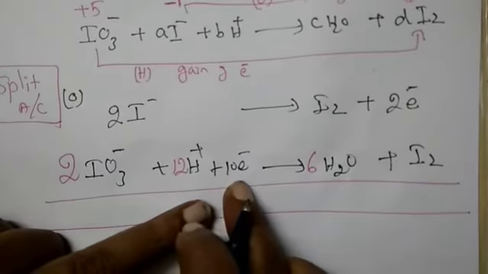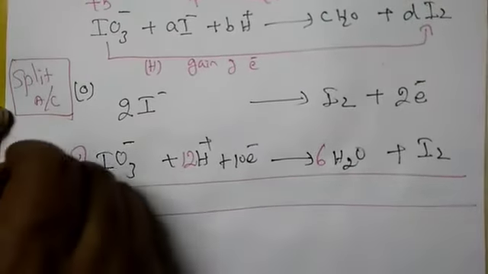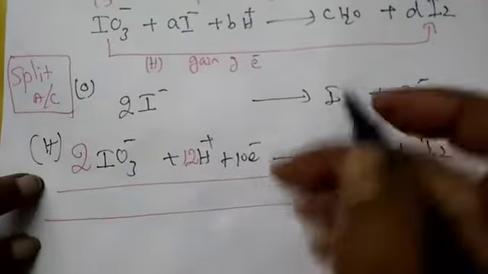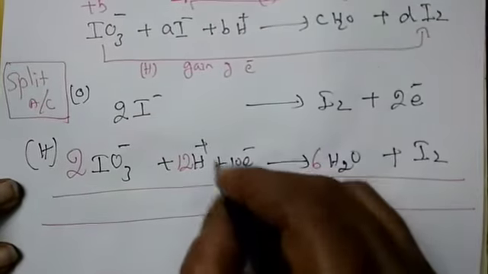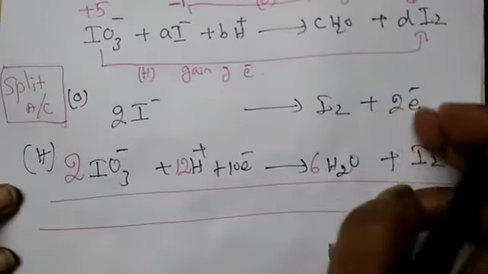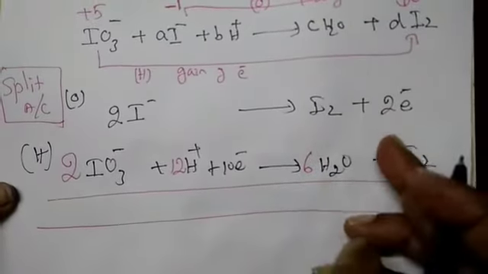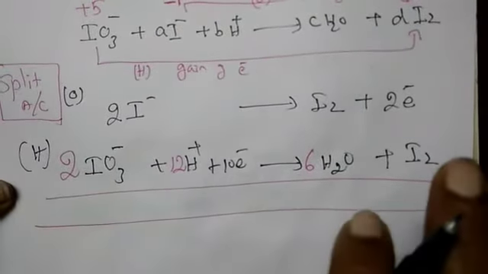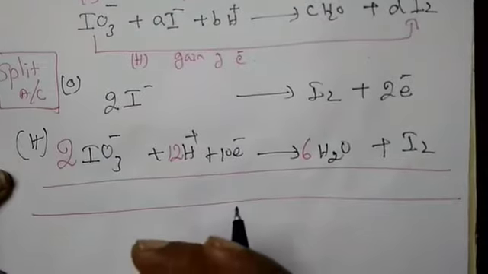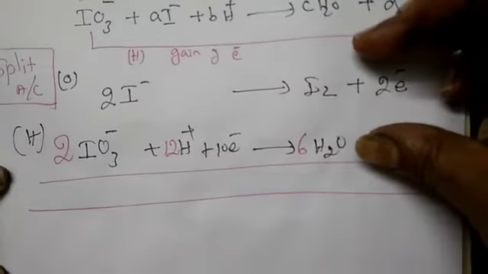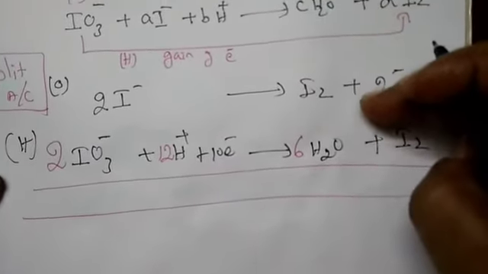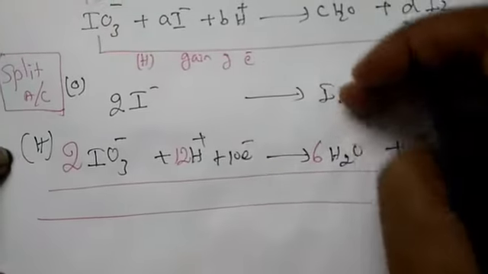Parallelly I am verifying. It is called reduction. What is reduction? Gain of electron. So electron is gained here, electron is lost there. So the definitions match also. Everything is going smoothly. Next, both reactions are in the same medium, so the electrons transferred should balance between them.